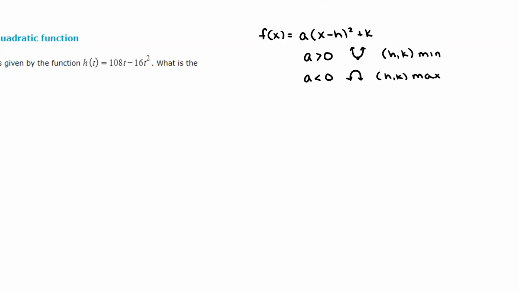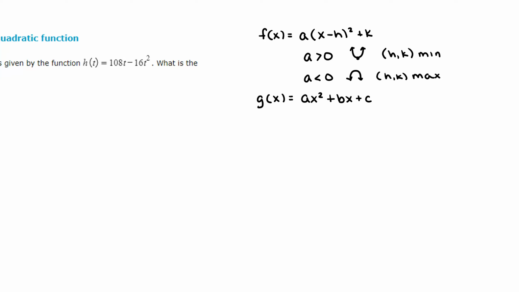This is the best case scenario. You've got a function that's in standard form. But now, if your function is not in standard form, so somebody went and squared it, so they FOILed it, they distributed the a, and then they added the k, then you've got a quadratic function that looks like this, ax squared plus bx plus c.